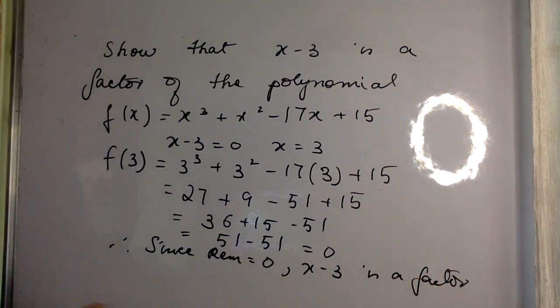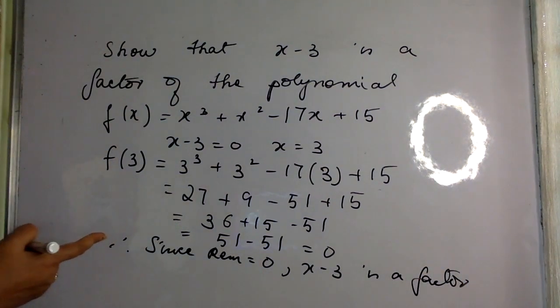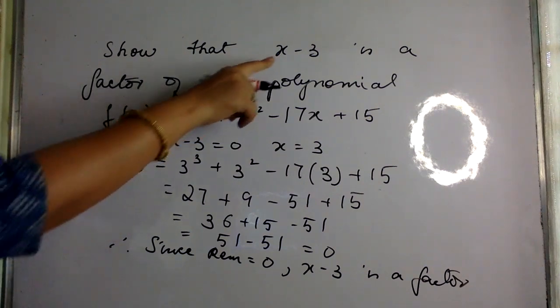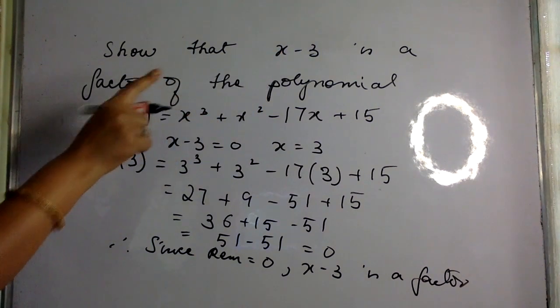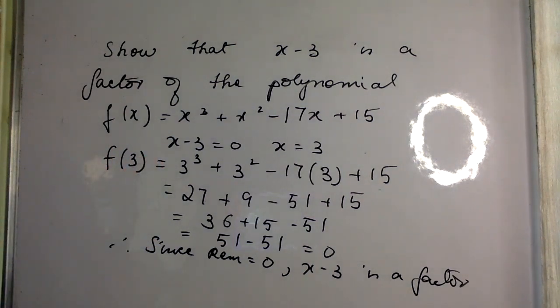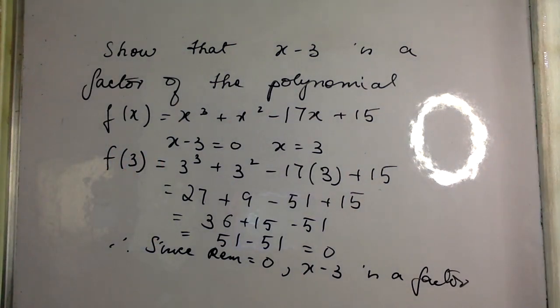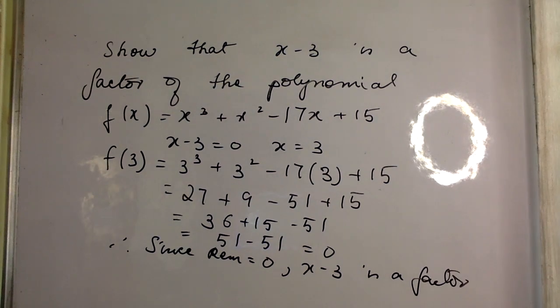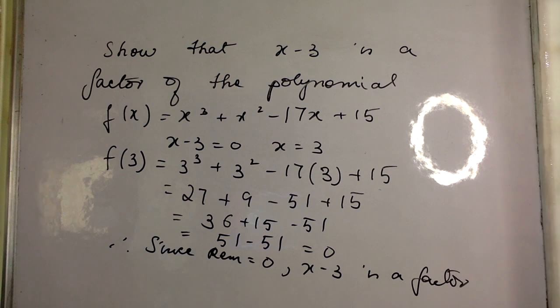So as long as we can prove that the remainder is 0, we can say that this expression is a factor of the given expression. So x minus 3 is a factor of the given polynomial. Okay, so this was one of the very basic questions. After this you will see that slowly the difficulty level will go up as we proceed with the questions.